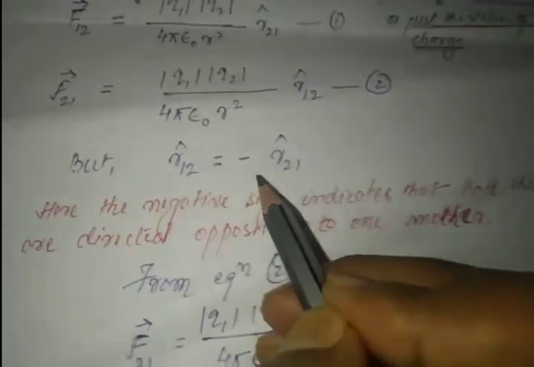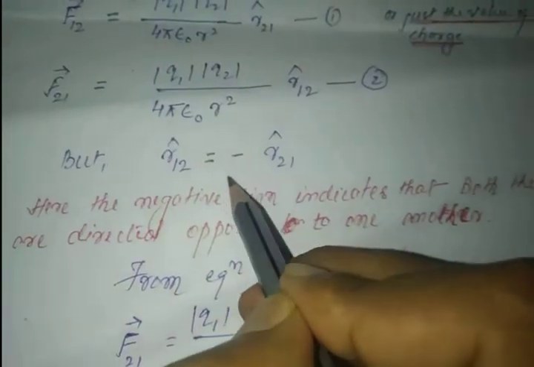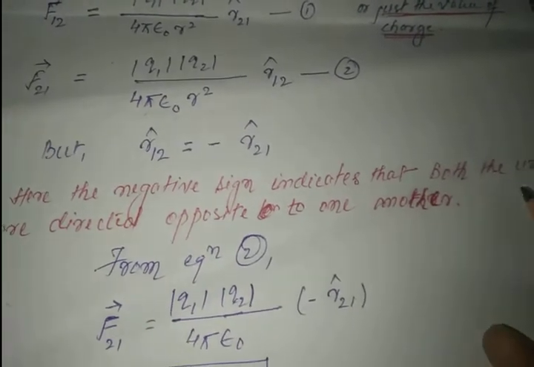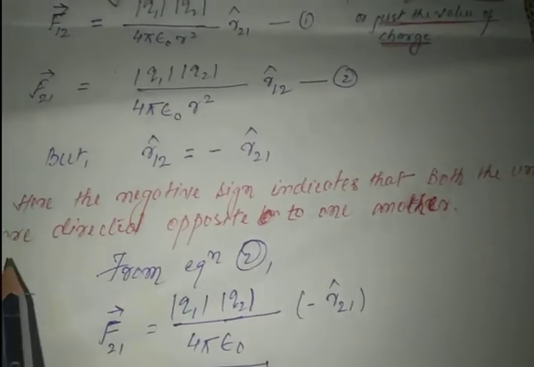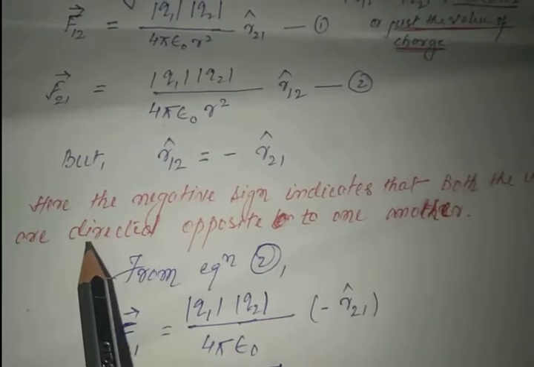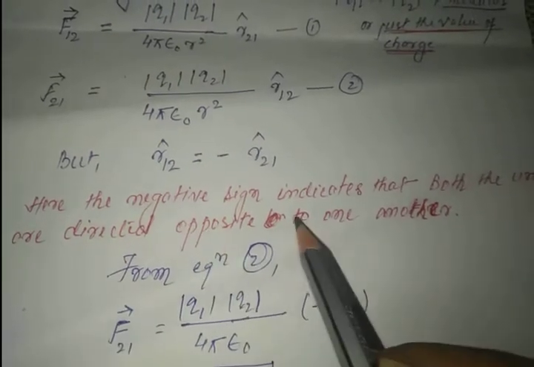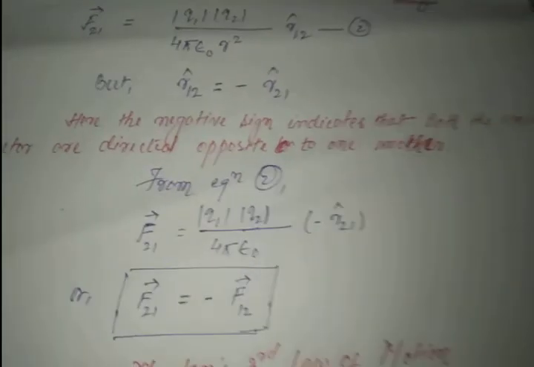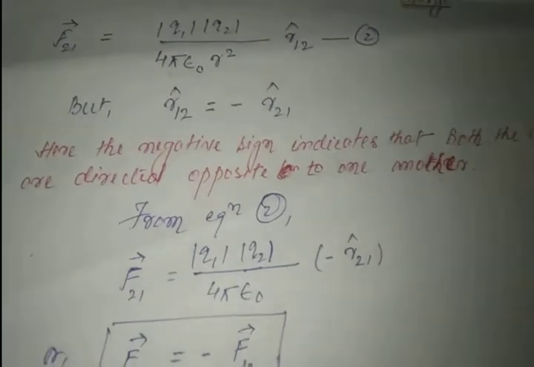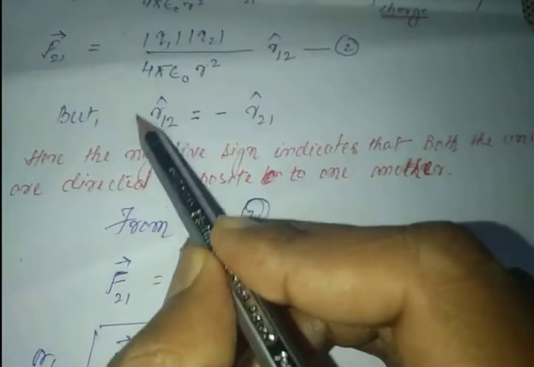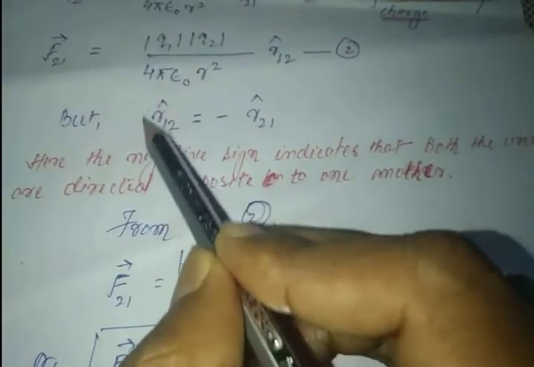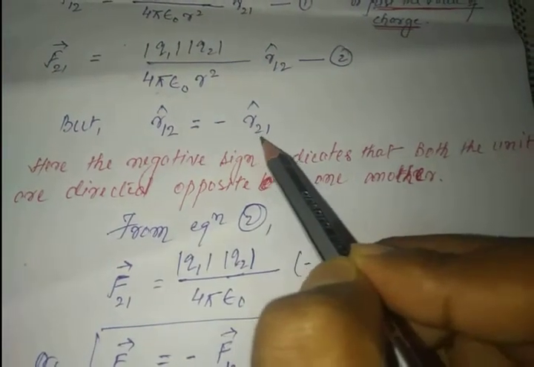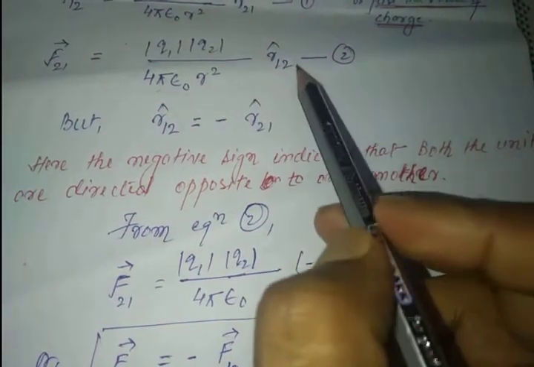The negative sign here indicates that both unit vectors have the same value, but they are directed opposite to one another. Now we replace the value of r cap 1 2 as minus r21 cap in equation 2.